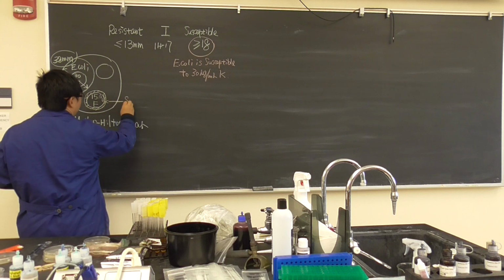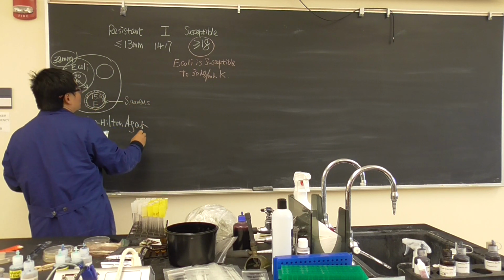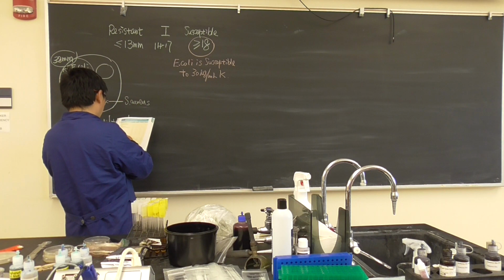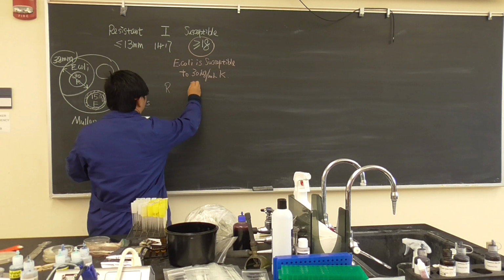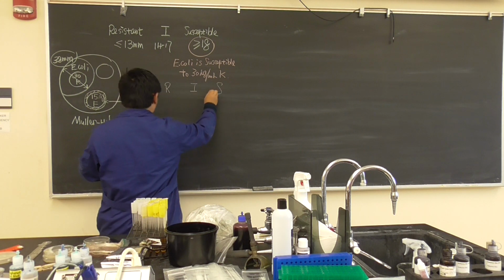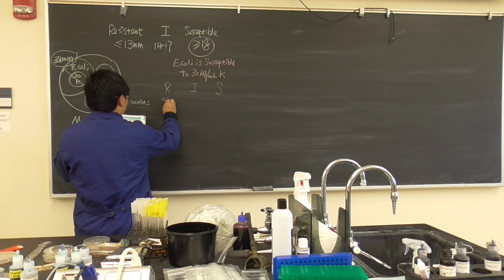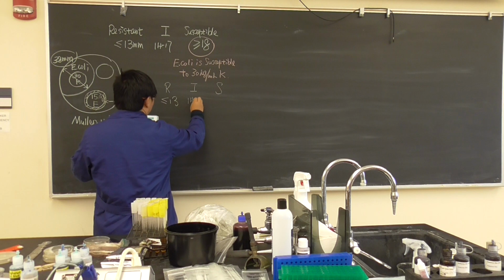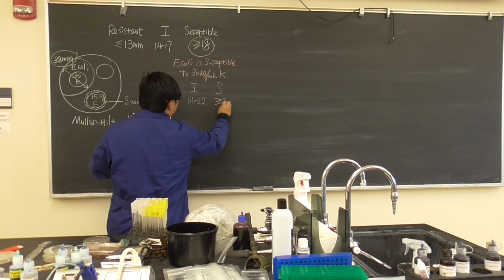So it's for Staphylococcus aureus. For erythromycin, resistant is less than 13, intermediate is 14 to 22 millimeters, and susceptible is more than 23.